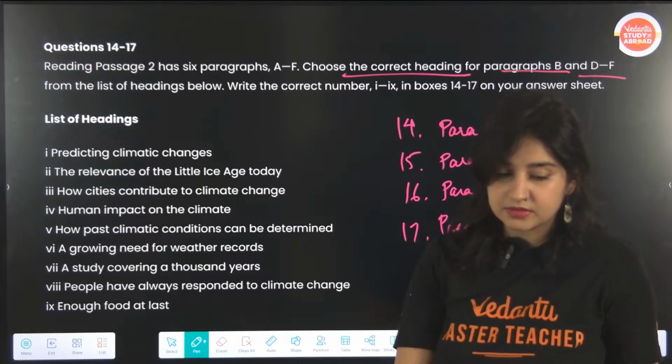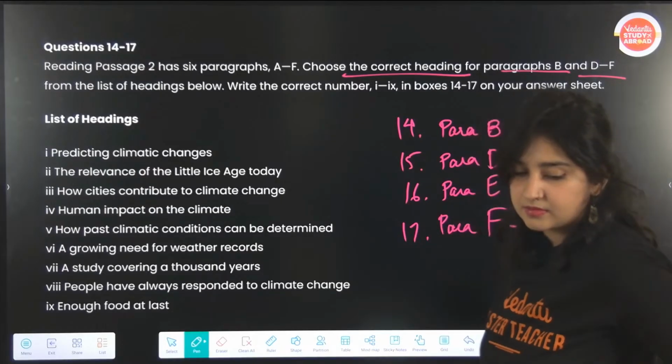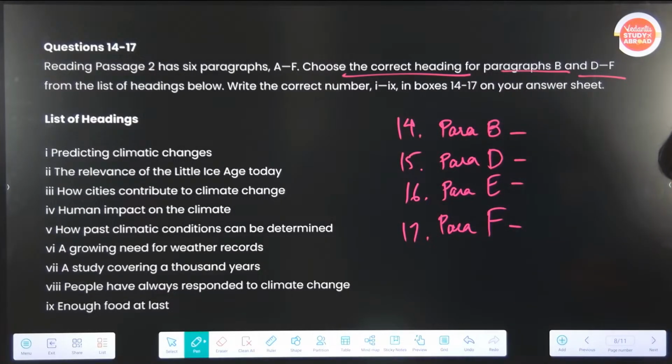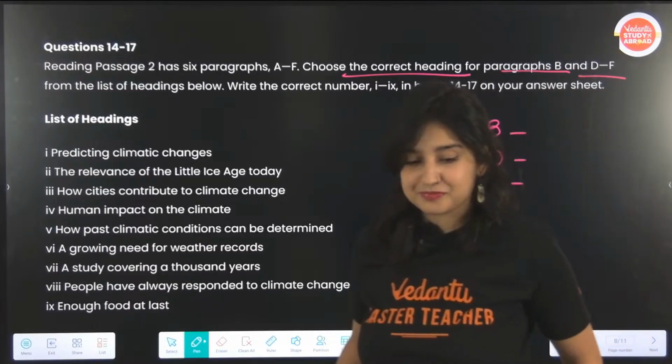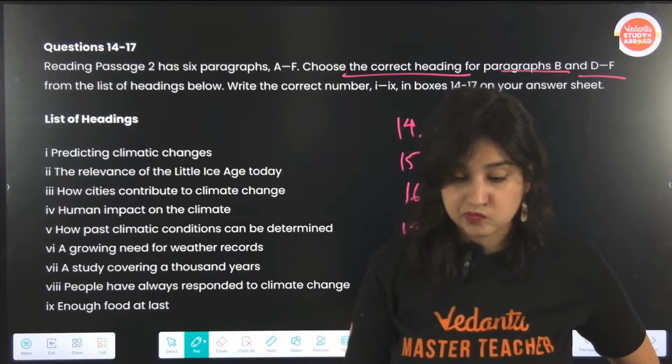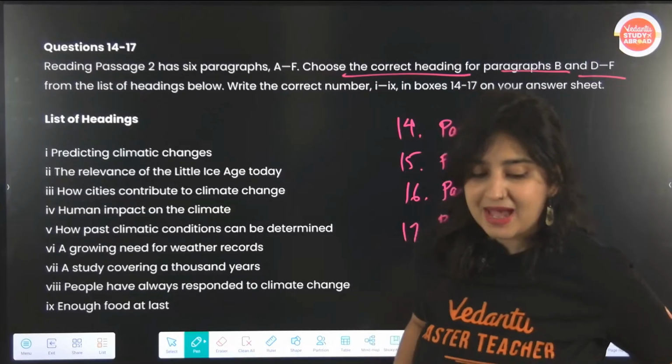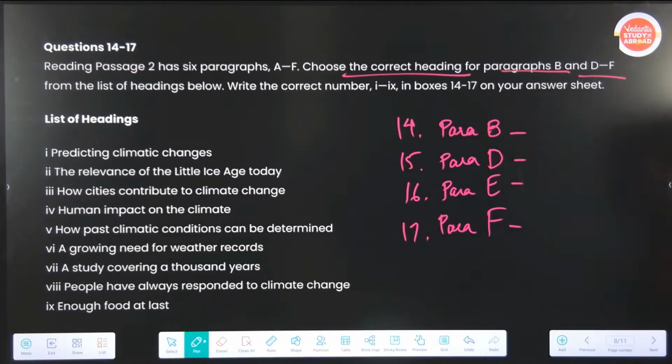Right? Quickly match and tell me, let's see who gets them right.